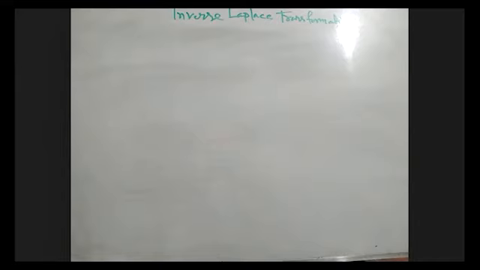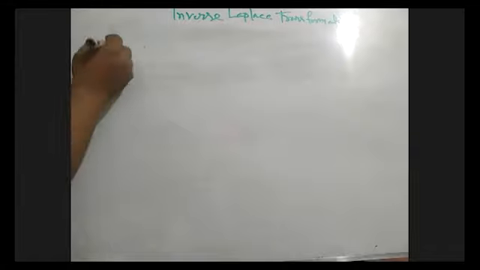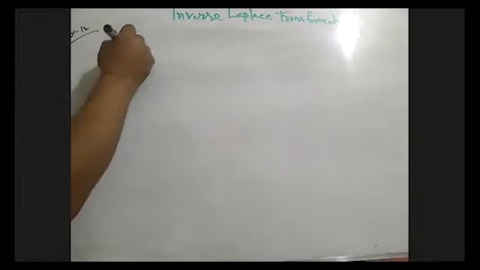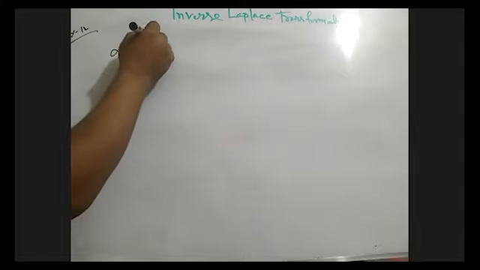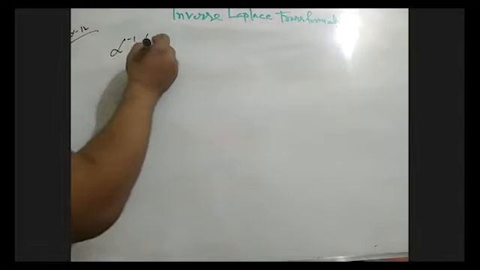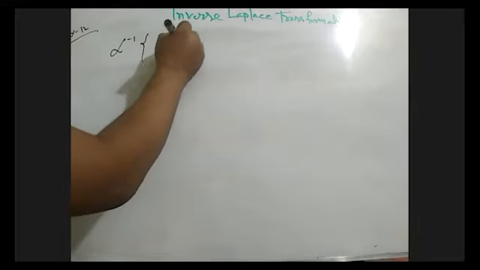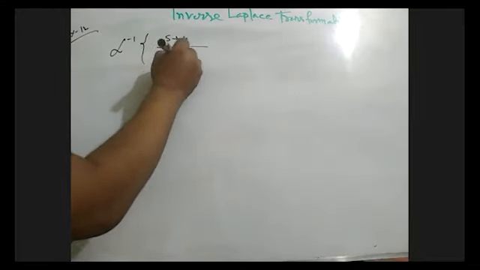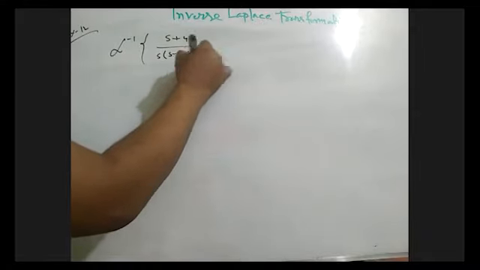So by using the partial fraction method, we can find s plus 4. How to find example 12? How to find the inverse Laplace transformation of s plus 4 divided by s into s minus 1 into s square plus 4?